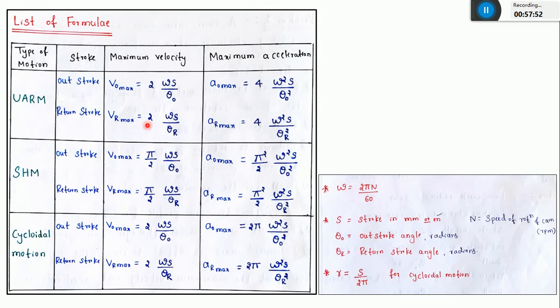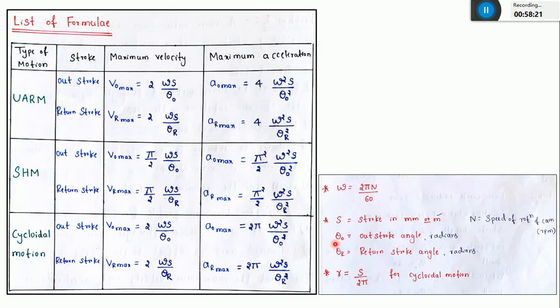Omega indicates the angular velocity of the cam. The cam is rotating with a certain speed, given in the form of RPM. This will be given. The stroke length of the follower will be given, and it should be in meters.